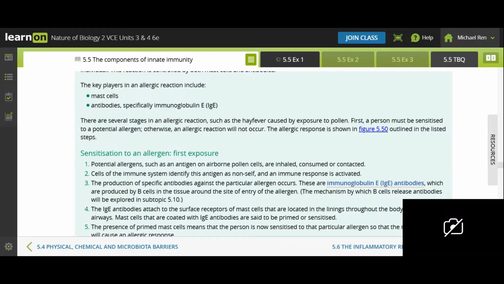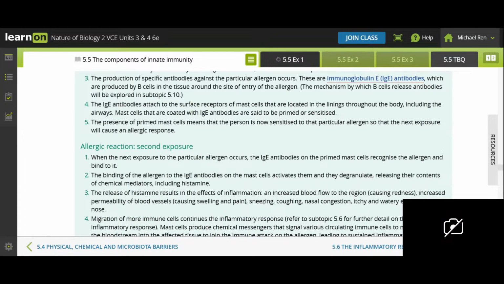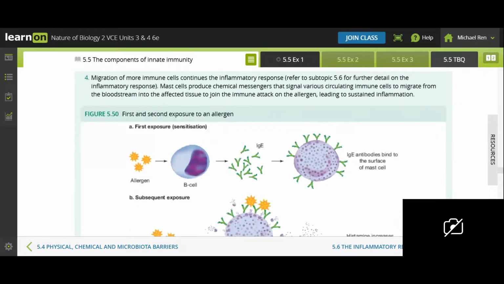As soon as one antigen lands on it, boom, histamine release, and boom, inflammation. This is the one-time thing. You only have to attach the antibodies one time, because the antibodies stay there for much longer. So yeah, fine.